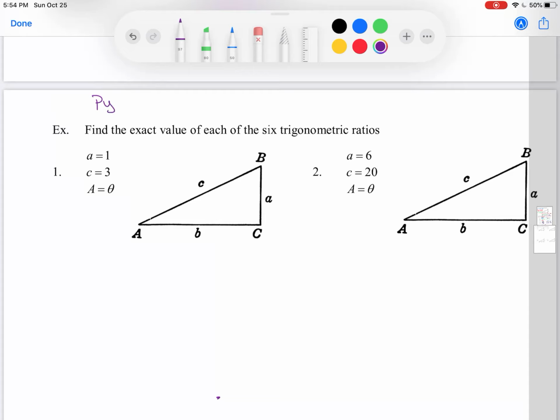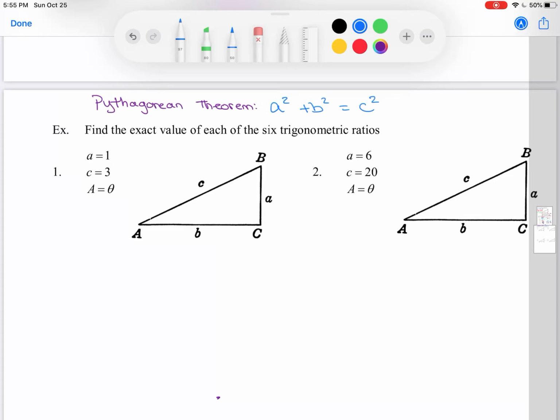Okay, before we start these problems, we need to remember a theorem. More importantly, we're talking about right triangles, so if you remember your theorems, with right triangles we had what was called the Pythagorean theorem. And we are only allowed to use this theorem with right triangles.